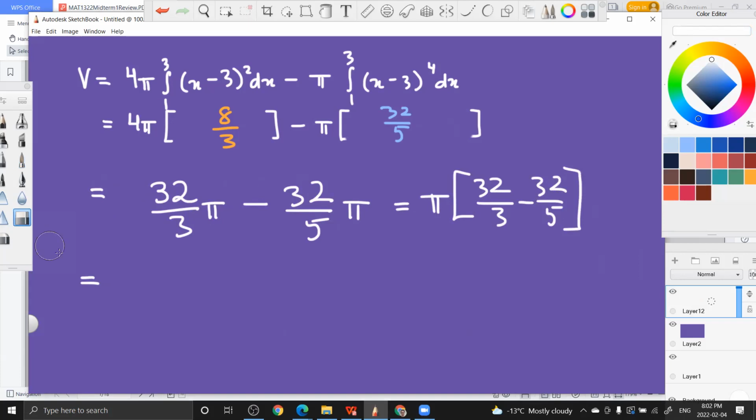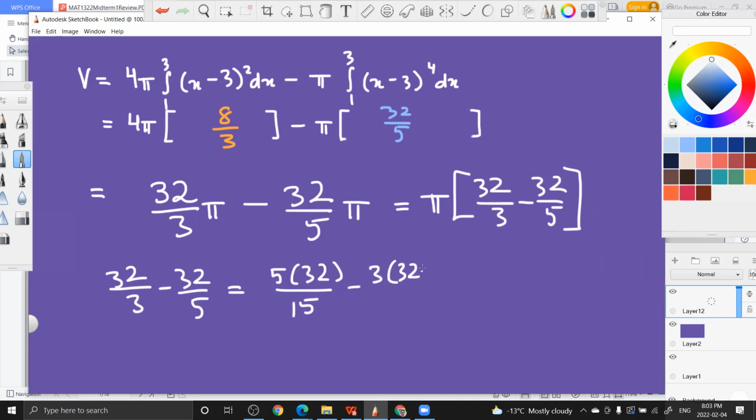And now it's just grade 5 fractions. So 32 over 3 minus 32 over 5. So we're solving whatever is here. And I have my calculator here. 5 times 32 is 160. 32 times 2, 96.